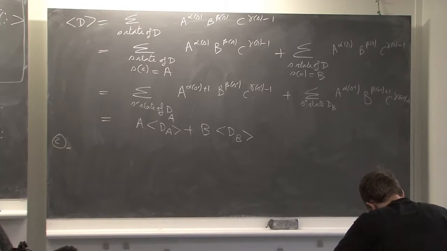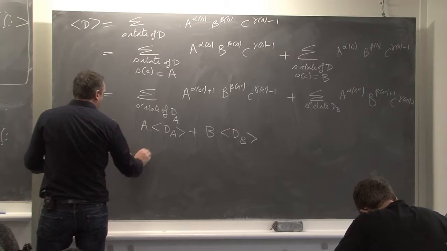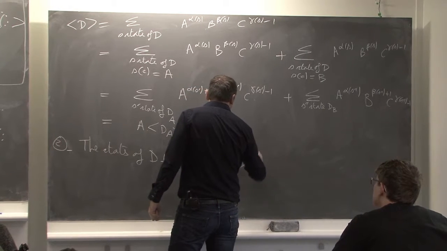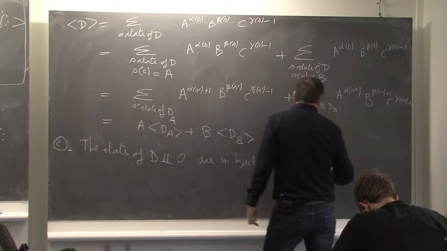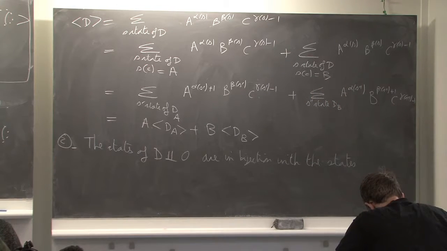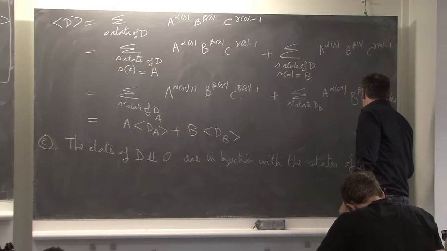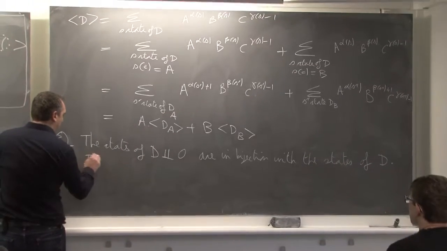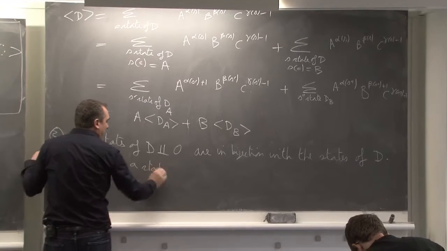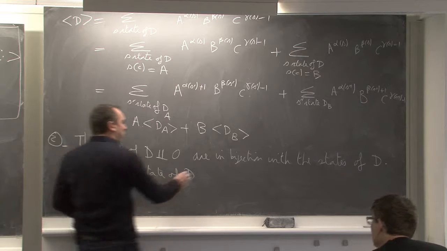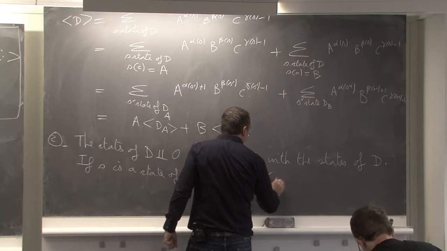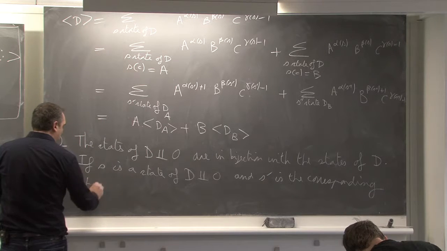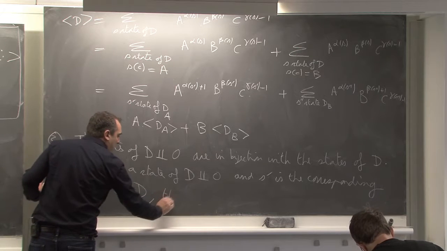So let us check quickly the second property. Clearly, the states of the disjoint union of D and the circle are in bijection with the states of D. And also, if S is a state of the disjoint union of D and the circle, and S' is the corresponding state of D, what can we say?